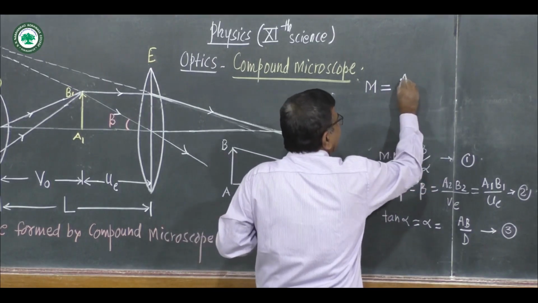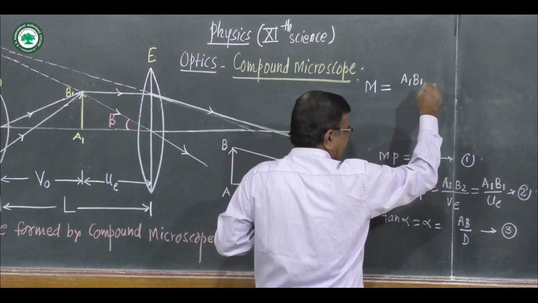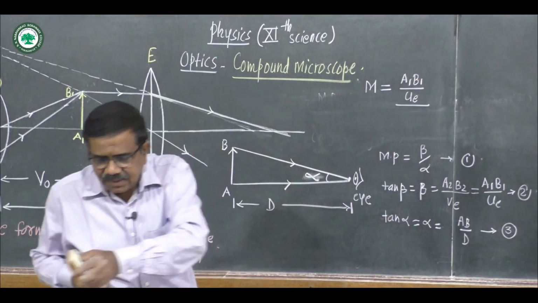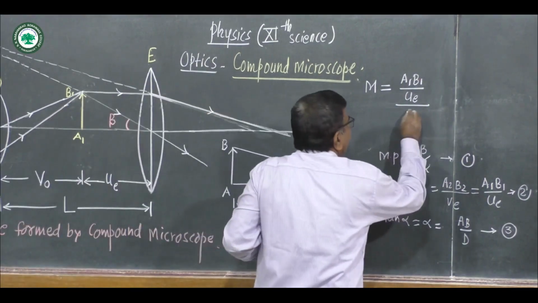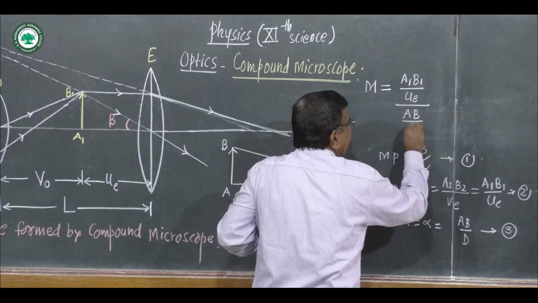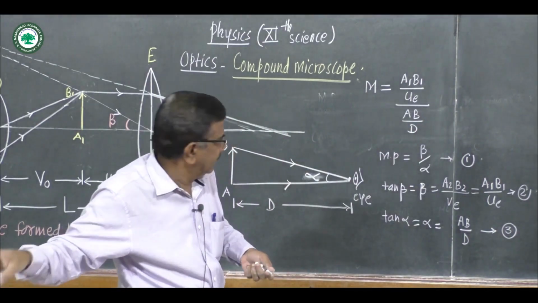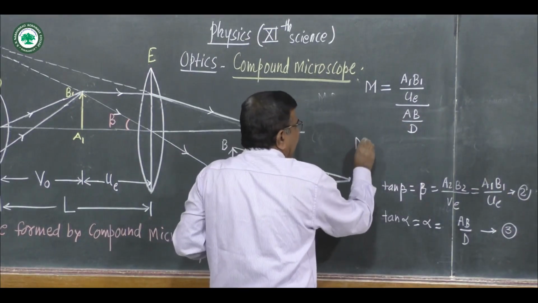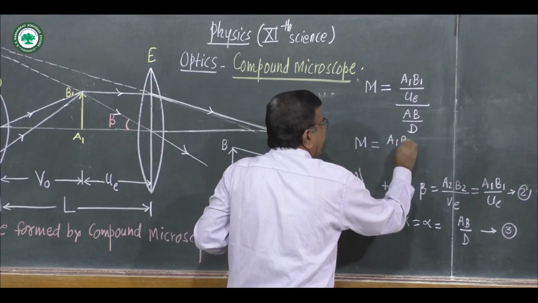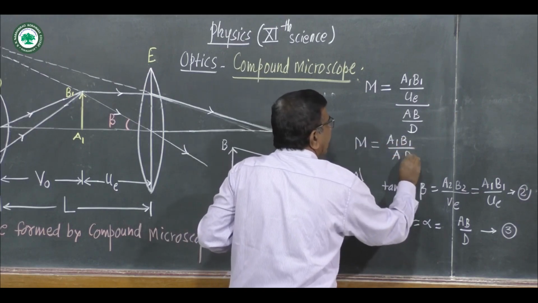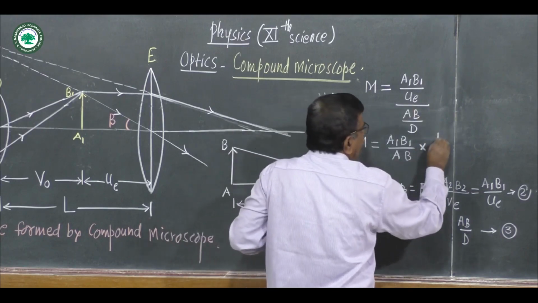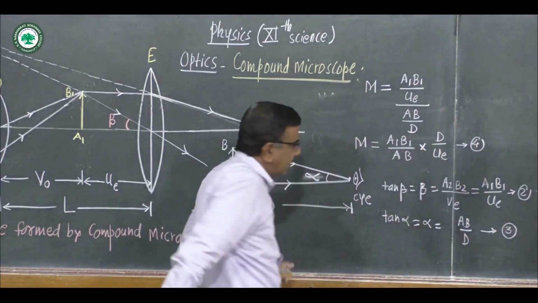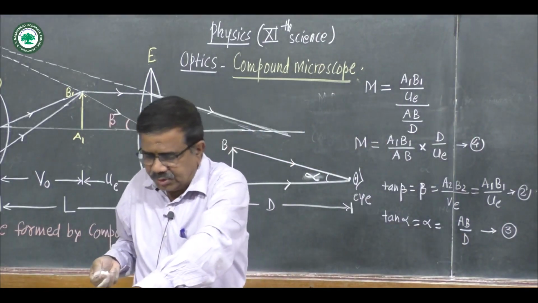Beta is A1B1 upon UE divided by alpha, which is AB upon D. Our next step will be magnifying power equals A1B1 upon AB into D upon UE. Suppose this is equation number 4.